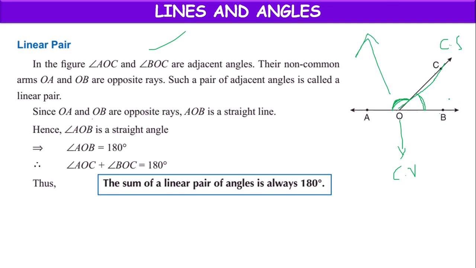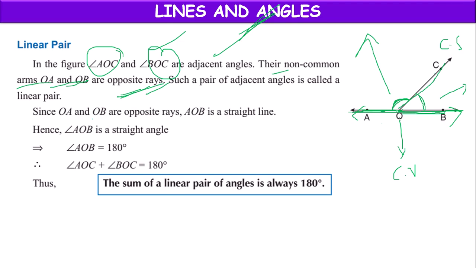Their interiors don't have any points in common. So these two angles are considered adjacent angles. And OA, OB are non-common arms, but they are opposite rays. They are lying on the same straight line, but in opposite manner.